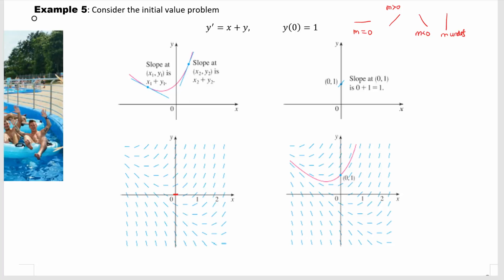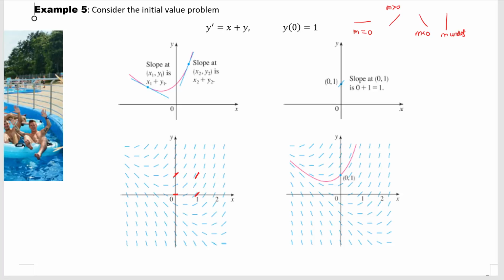So for slope 0, you draw a horizontal line segment. How about at the point (1, 0)? When you plug in, you get 1 plus 0 is 1, so you draw a line segment with slope 1. At (1, 1), 1 plus 1 is 2, so the slope is 2, which is steeper. At (0, 1), the slope is also 1.